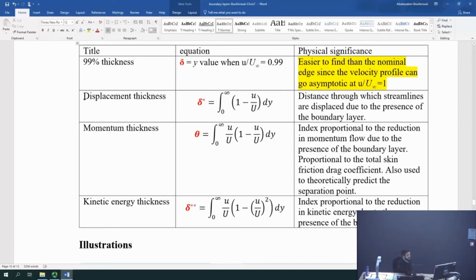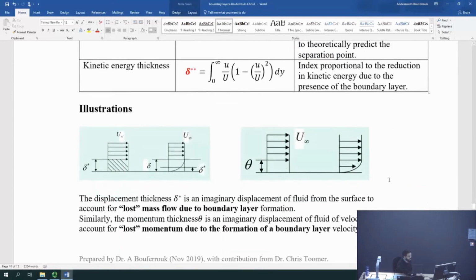Number two is the displacement thickness. Now, one way to try to understand displacement thickness is the following. What I have here is two situations. The first one is the flow with no boundary layer. So we just imagine there is a flow going over the surface, but there is no boundary layer, which is basically the inviscid flow, isn't it?